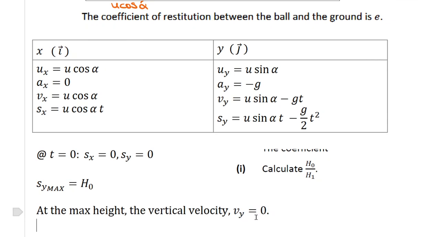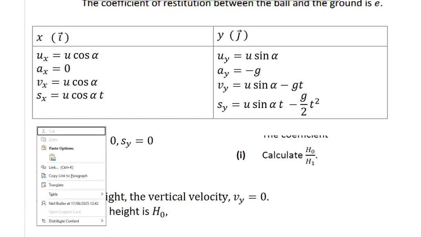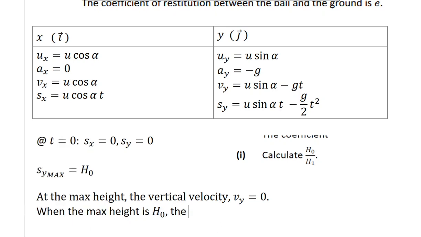The way I like to think about it is how do we link the heights and the velocities, and we link it through time. So when the max height is h0, the vertical velocity, or speed or component, whatever, is equal to 0. So the when is the key.